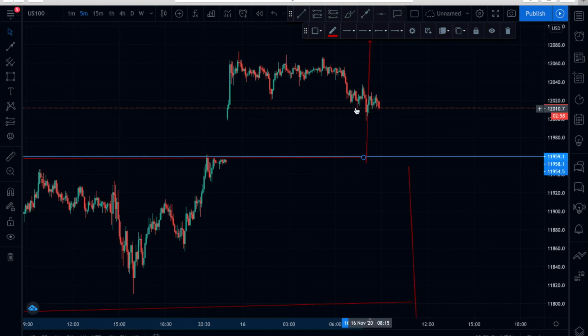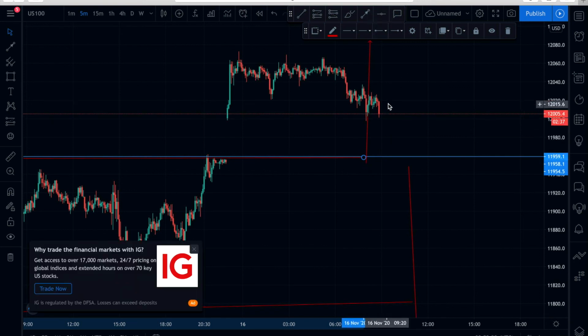So what I like to do usually, still it was accumulating at this part, and we saw that it's breaking this part in an accumulative manner. So at this point, if you have a good risk management above this price, you can go for a sell until we close the gap, and then buy.